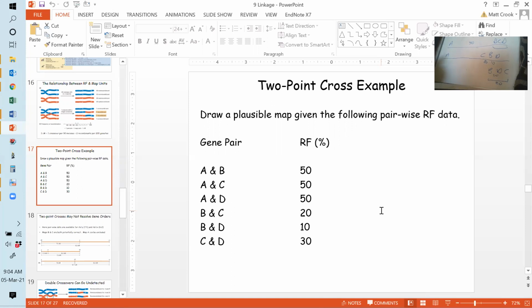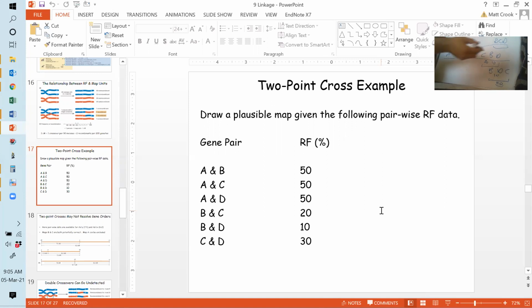All right, what here adds up to 30 in terms of distance? Is it this or is it that? Which one makes the most sense?